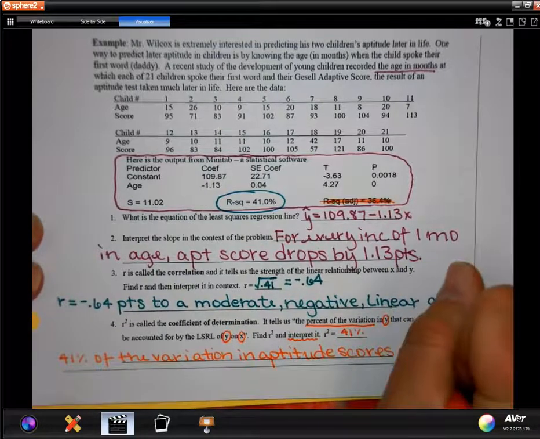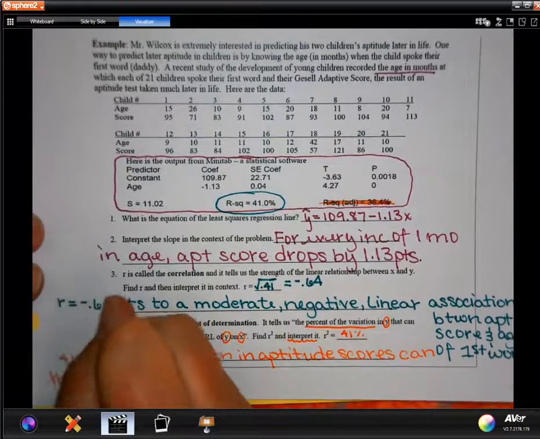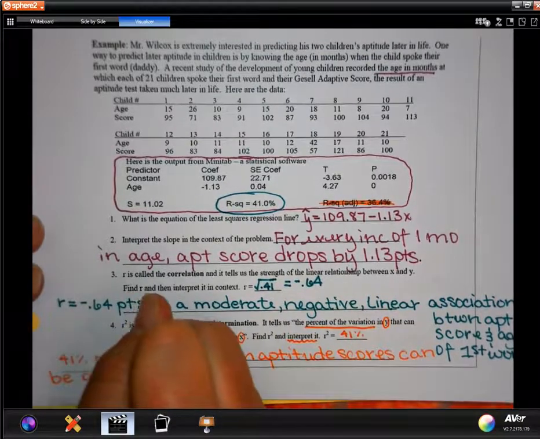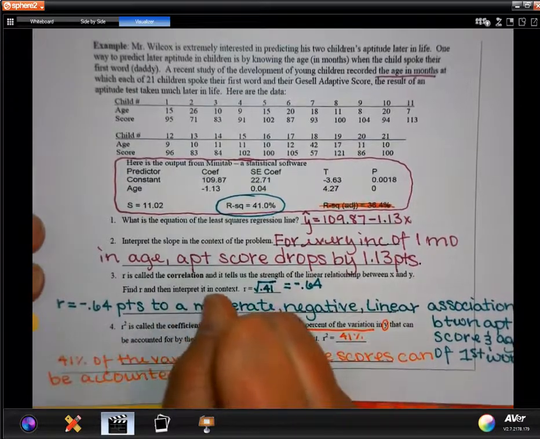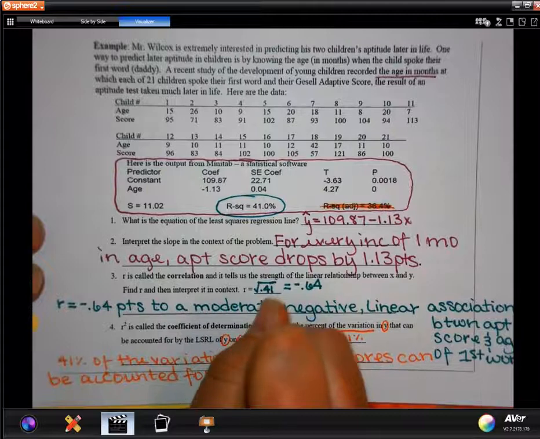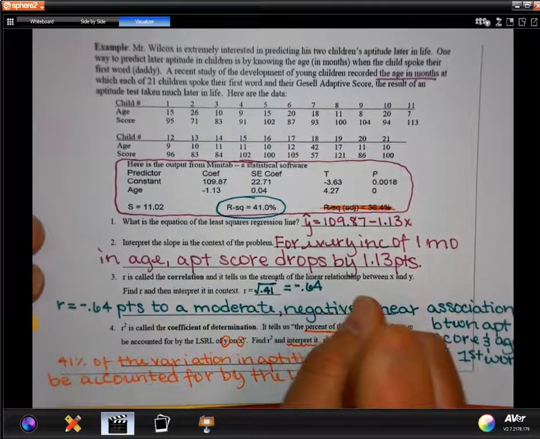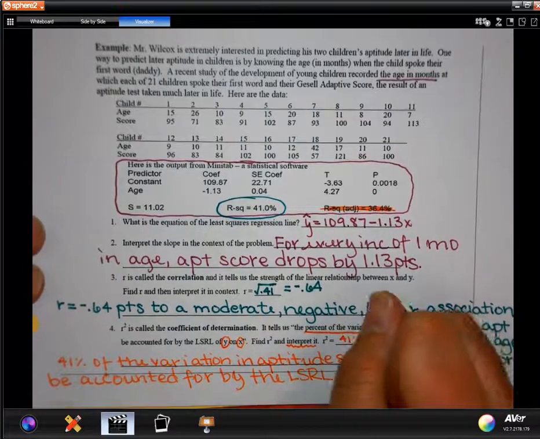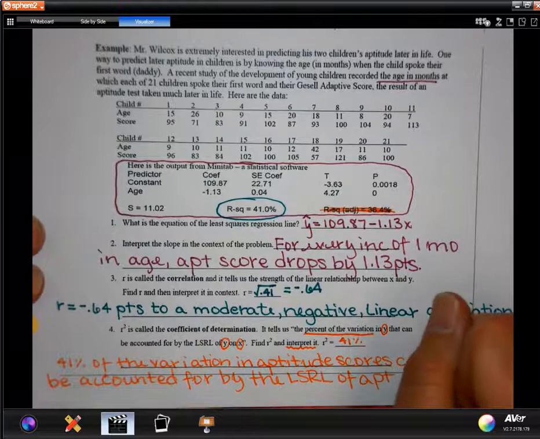Can be accounted for, oops, I can't spell accounted, even though it's literally up above, by the least squared regression line of aptitude scores on age of first word.